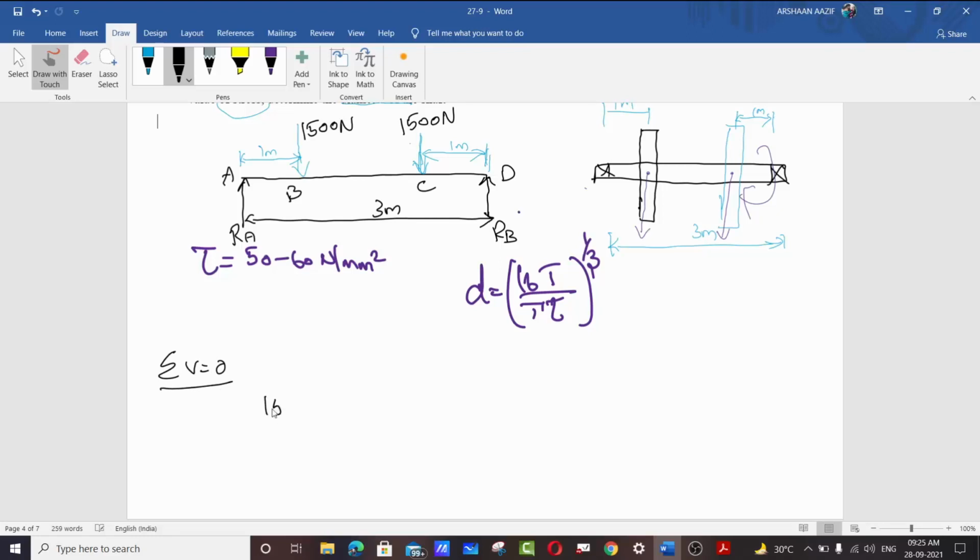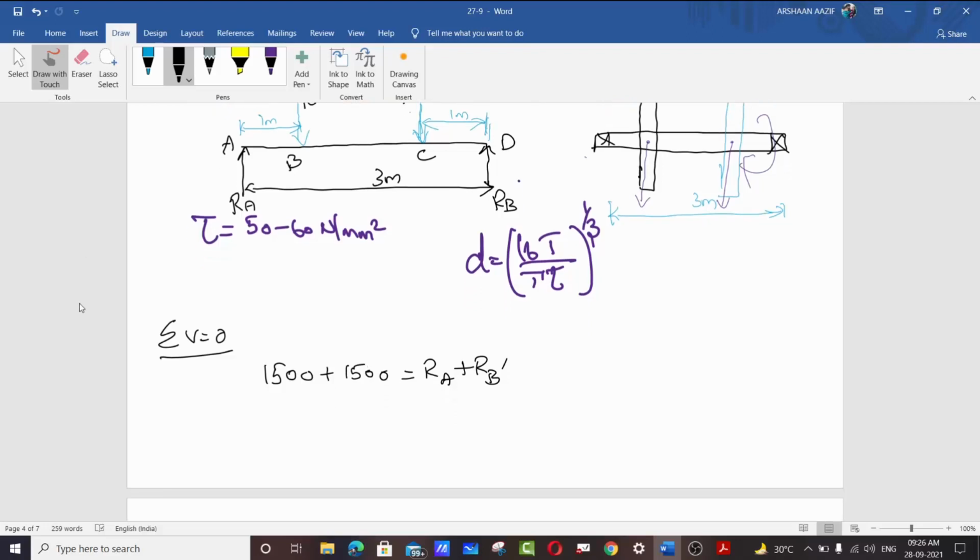We have 1500 plus 1500 equal to RA plus RD, since these two upward forces should equal the net downward force so that the resultant is 0. So RA plus RD is equal to 3000 newton.